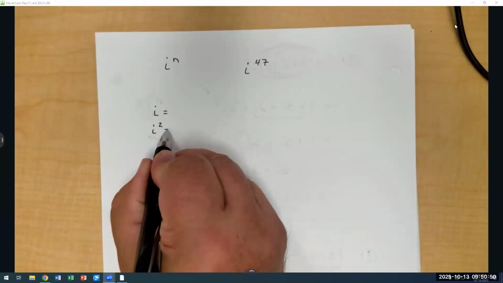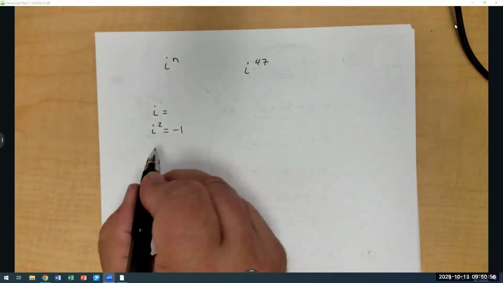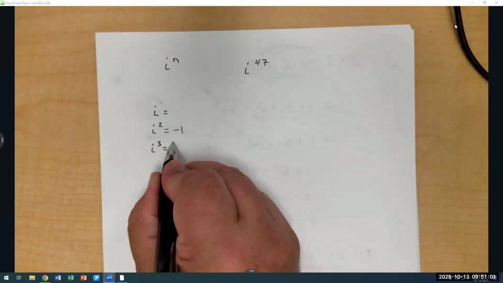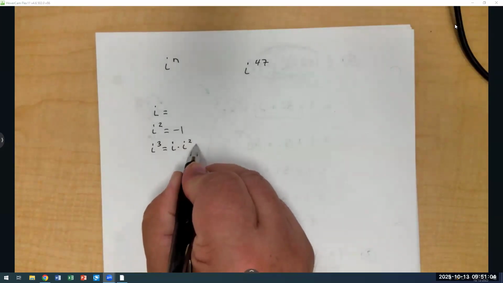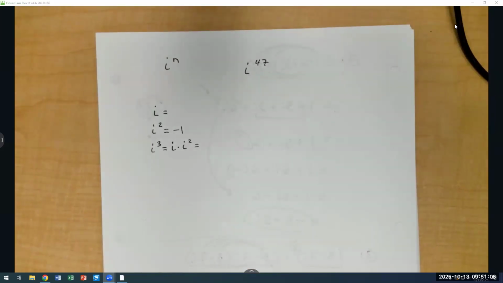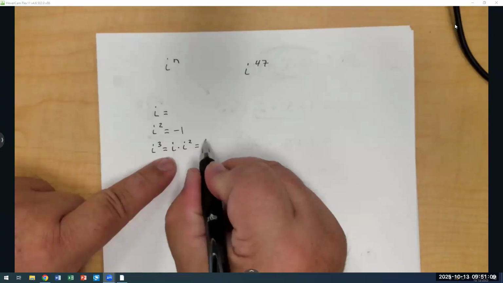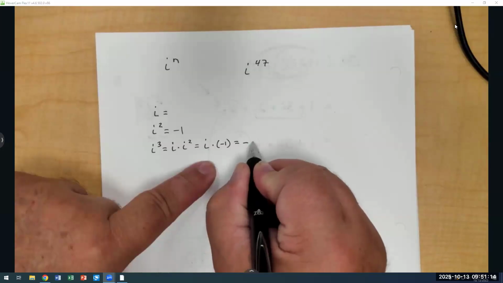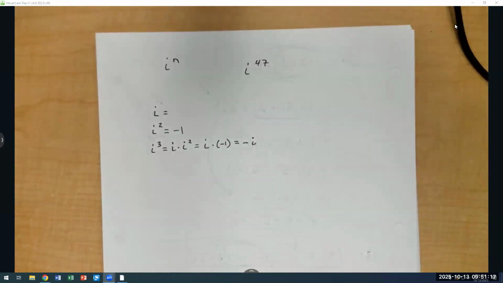i is itself, i is i. What's i squared? -1. What's i cubed? Well, i cubed is i times i squared. We just talked about the rules of exponents. So we have i squared is -1. So this gives us -i. This is called building it, proving it inductively, using inductive logic.